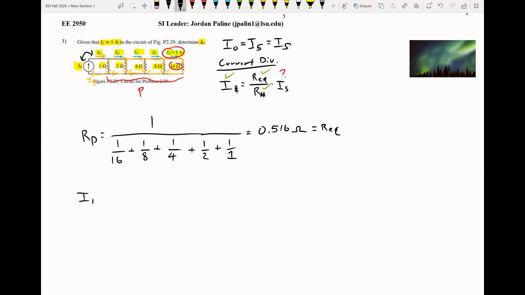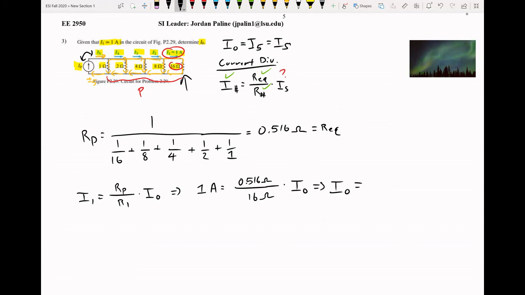So if we did I1 is equal to R parallel over R1 times I of O, therefore we can say 1 amp is equal to 0.516 ohms over 16 ohms on that branch there, times I of O. And therefore, if we go and rearrange, we'll find that it is 31 amps.